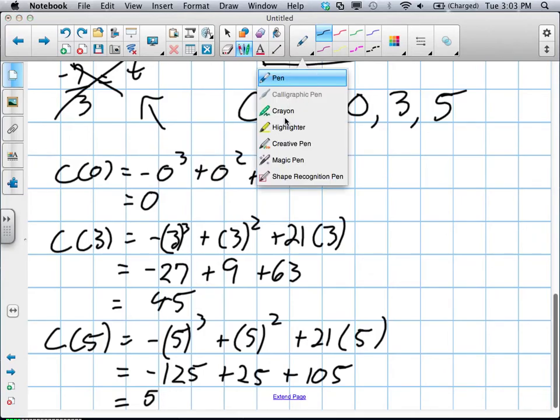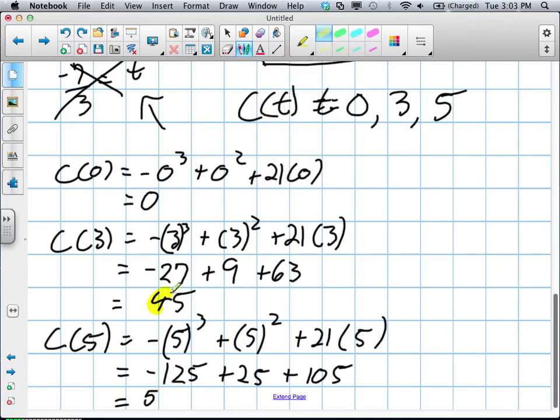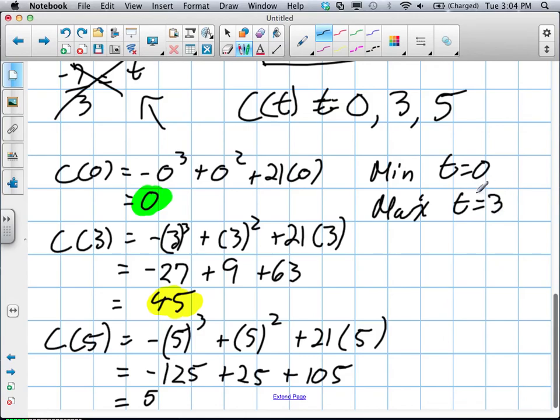So for the maximum and minimum values, our maximum is 45 and our minimum is 0. Our minimum occurs at the starting point of t equals 0, and our maximum occurs when t is equal to our turning point at 3.